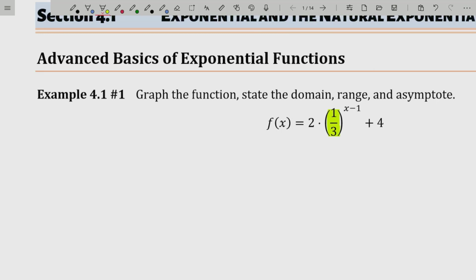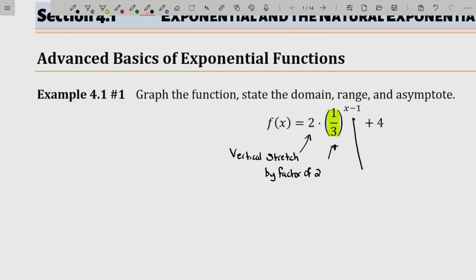Now, the main thing you want to note here as well is that you have experience with exponential functions, so you should be able to graph this exponential function using transformations. That is, you'll take your base exponential function of 1/3 to the x, stretch it by a factor of 2, and that's a vertical stretch by a factor of 2.